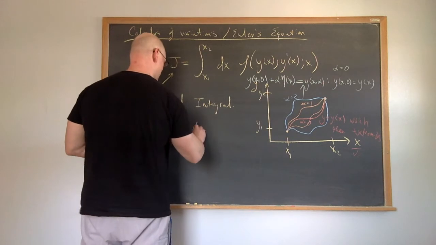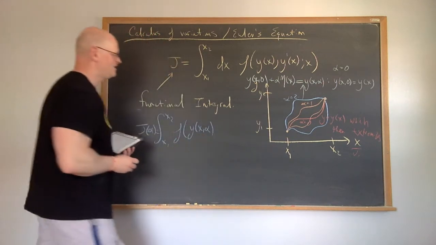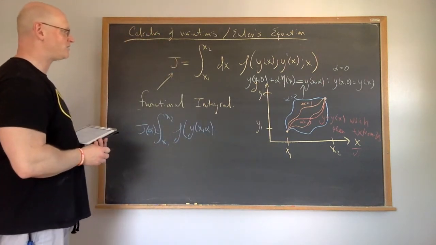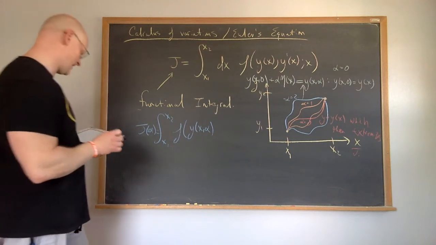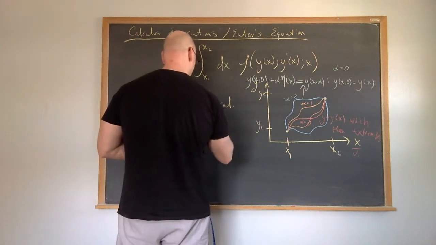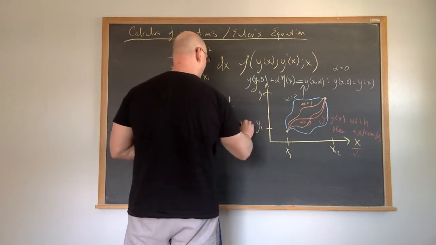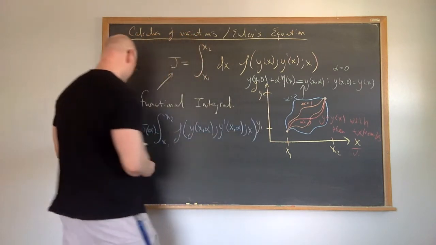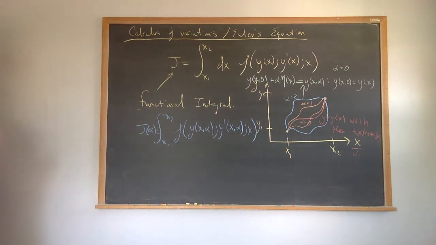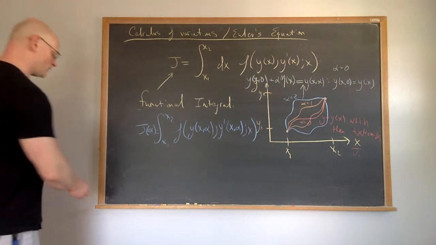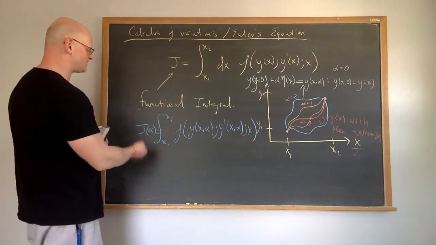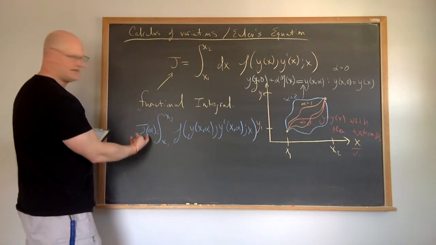Now f depends on y, which is a function of x and alpha, as well as the derivative of y with respect to x, which also depends on alpha, and also depends on x. So this is now what we're going to do. Basically, we're going to parameterize y, which means we're going to parameterize J, and J is now a function of alpha.